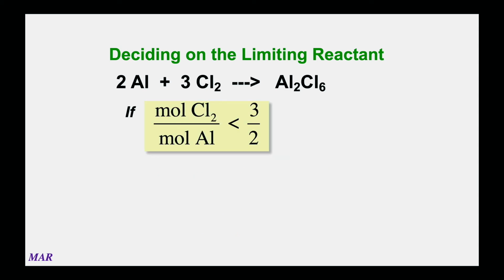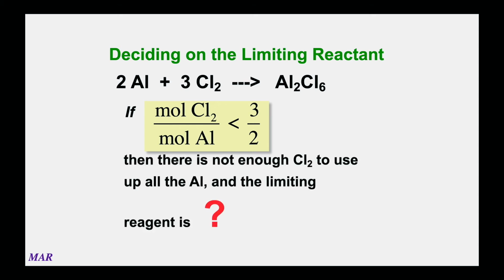On the other hand, if your ratio is less than 3/2, like let's say it's 0.75 or 1.1 or something like that, then what that means, it's the opposite. Then you don't have enough chlorine to react with all the aluminum. Chlorine is stopping the production of the product Al2Cl6.